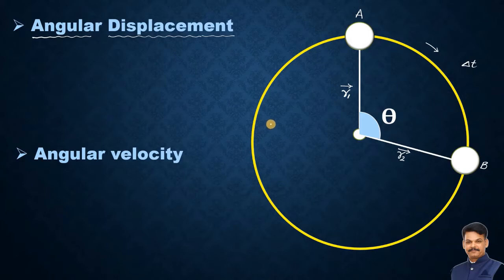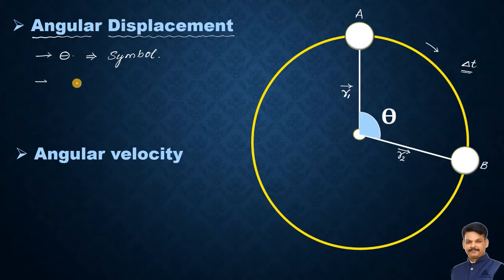I repeat it once again. The angle covered by the radius vector or described by the radius vector in a given interval of time is called the angular displacement. Usually this angular displacement is represented by the symbol theta. So theta is the symbolic representation for angular displacement, right?